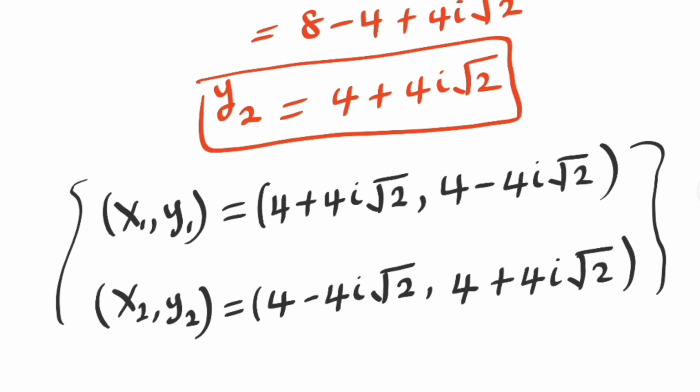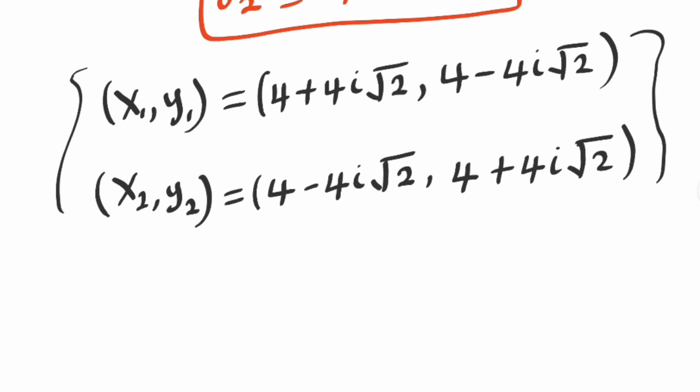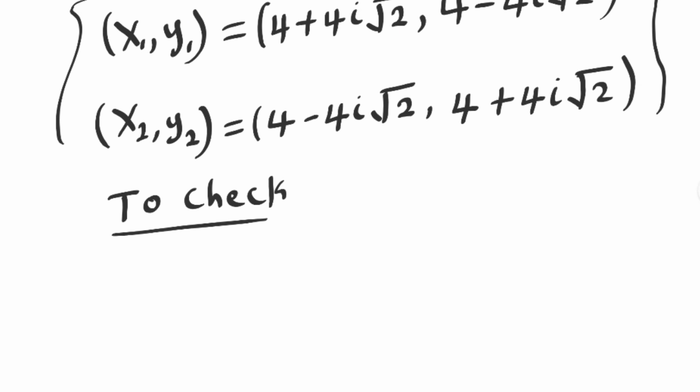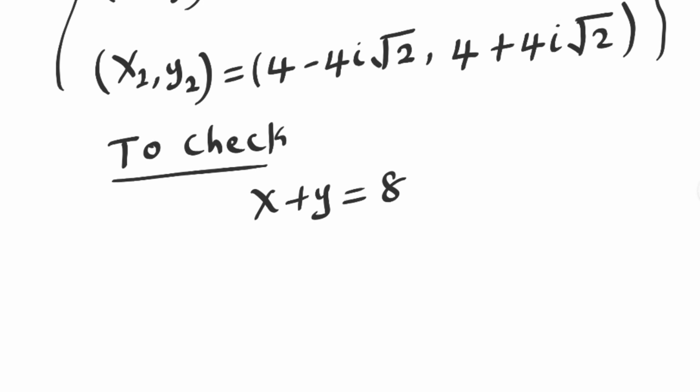We may check to confirm if this answer is right or wrong. Let's check. To check, we have the given equations. x plus y is equal to 8. xy is equal to 48.